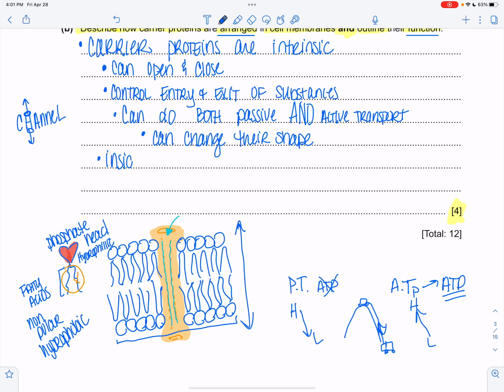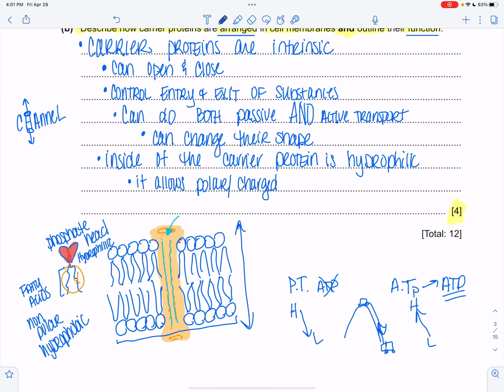Okay, now it's the last part. The inside of the carrier protein is hydrophilic, and this will mean it allows polar or charged molecules, you can say ions as well, to pass through.